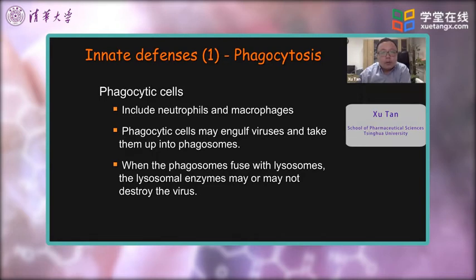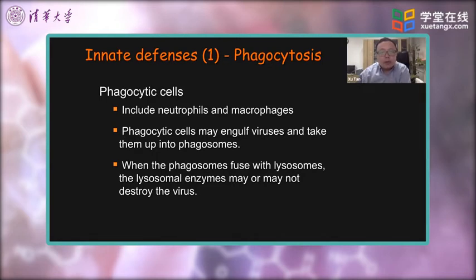As I mentioned, a very straightforward innate defense is so-called phagocytosis. Basically, there are these types of white blood cells in your circulation system as well as in other tissues that are sort of like vacuum cleaners.